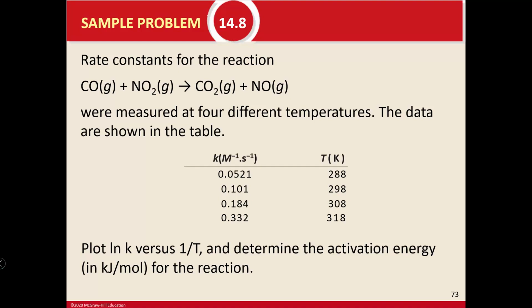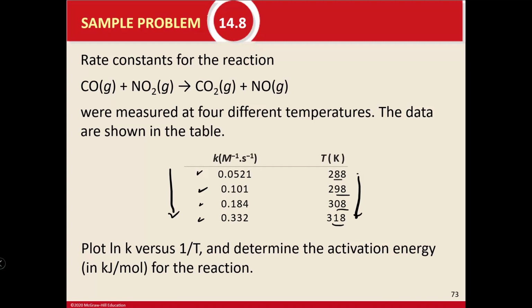Here we have data at 4 different temperatures. We're not varying the concentration. We are just varying the temperature and seeing what happens to the rate constant. And yes, the rate constant changes. As the temperature goes up, the rate constant goes up as well.